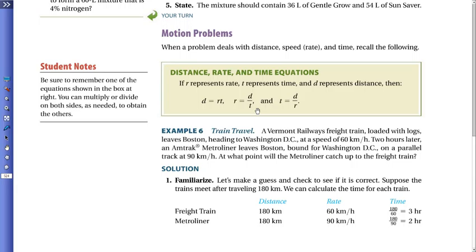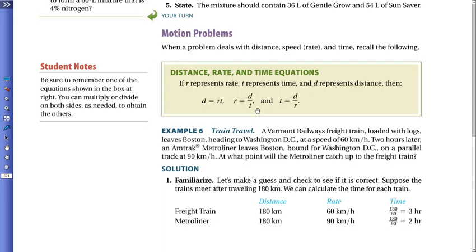But these distance ones, with multiple trains moving away from each other or towards each other, make it so probably the only way to solve these is with a system of equations. So remember that the goal is to create some equations, hopefully two equations with two variables, and then we can use our strategies to solve that.